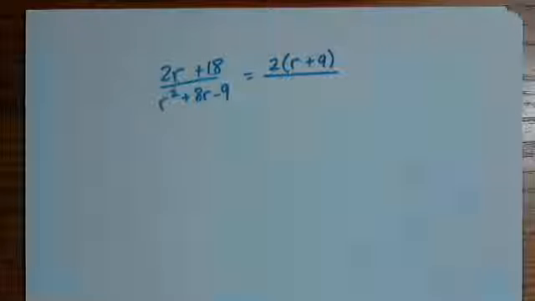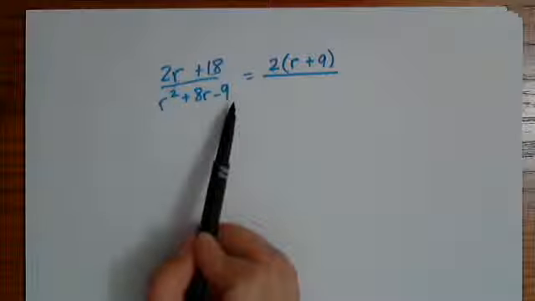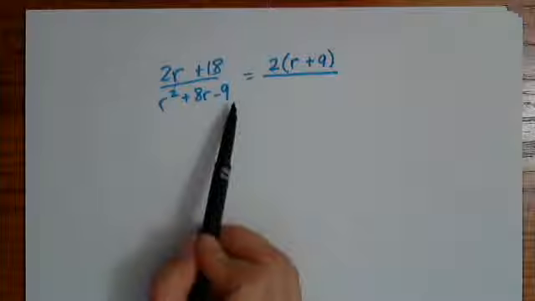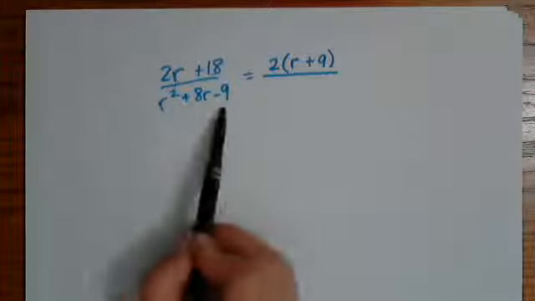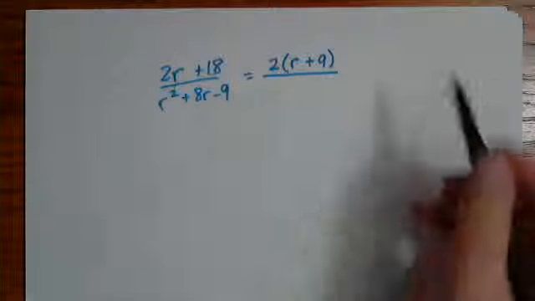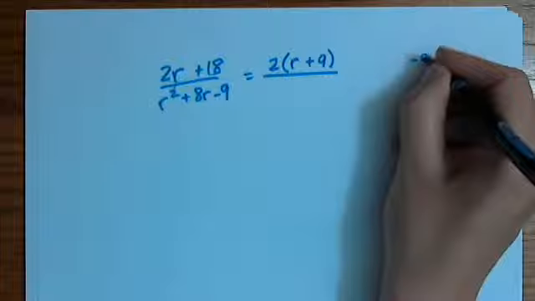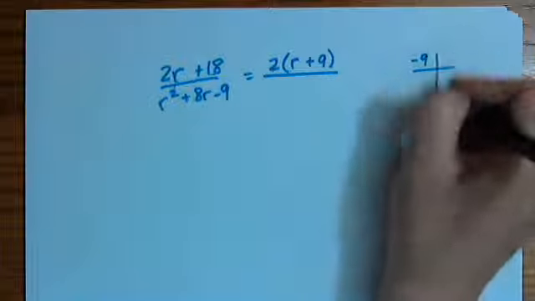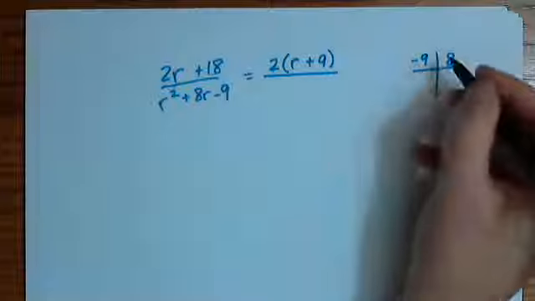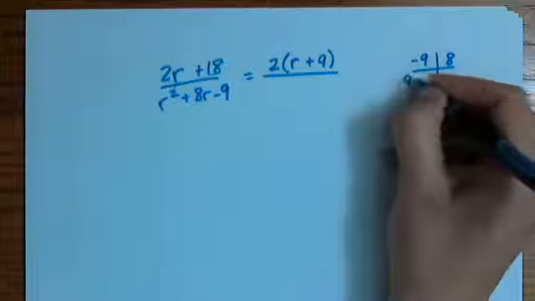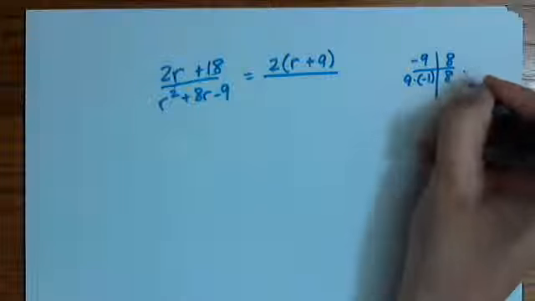How about on the bottom? Is there anything common on the bottom? No, there's nothing common at all. There's not an r in all 3 terms. But can this factor into something that is the opposite of FOIL? Can I find numbers that multiply to -9 and add to 8? Multiply to -9, if I have a +9 times a -1, that would add to an 8, right?